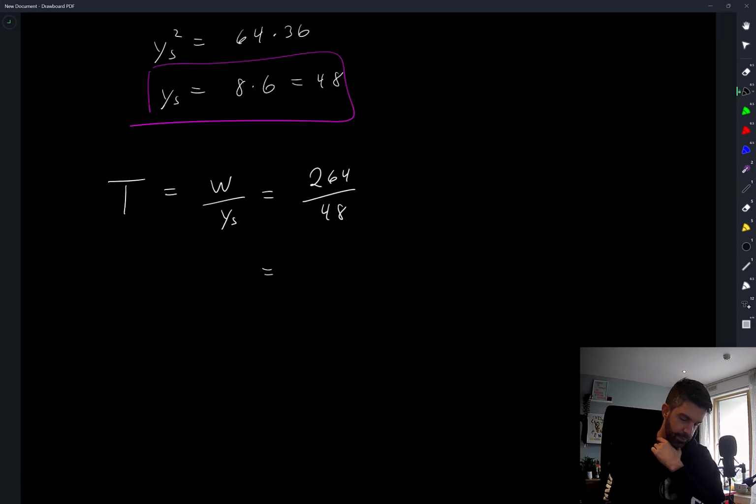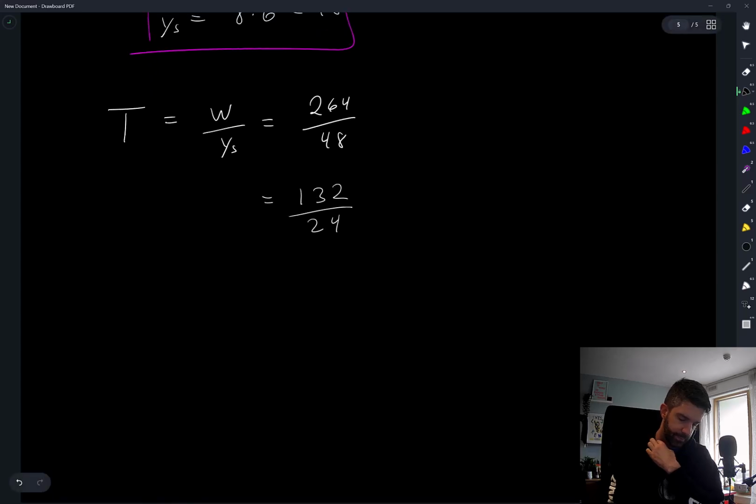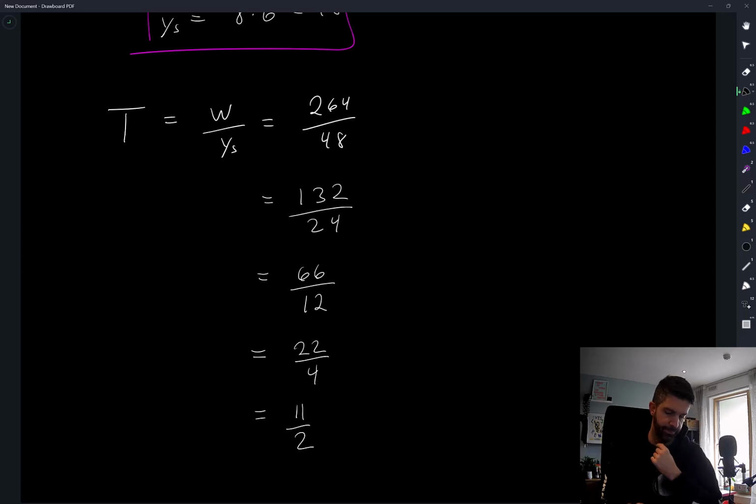Well, it's divided by 2. 132 divided by 24, divided by 2 again. 66 divided by 12 is divisible by 3. 22 over 4. 11 over 2.